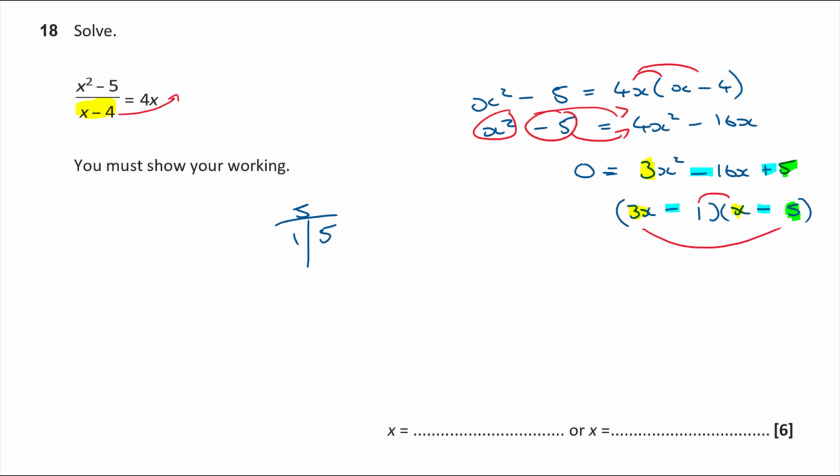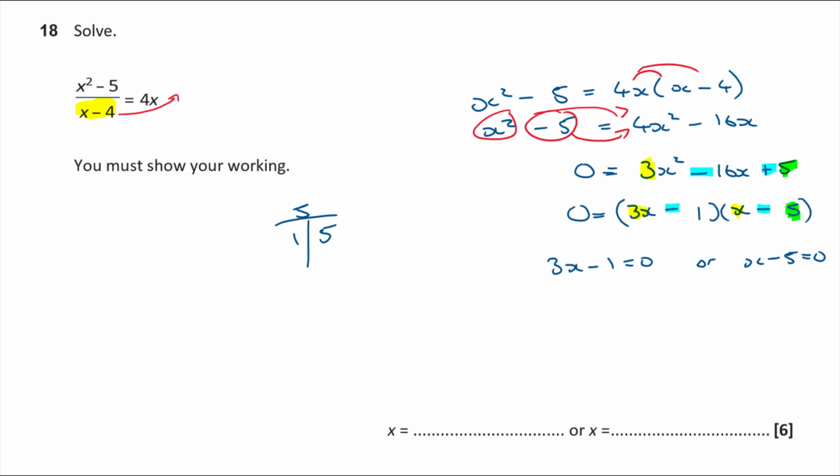Okay? So I've got 3x minus 1, x minus 5, and then that is equal to 0, because it was before. So if I've got two things multiplied together and that gives me 0, it must be that one thing was 0 or the other thing was 0. That's the only way you can get 0 is if you multiply two things and one of them is 0.